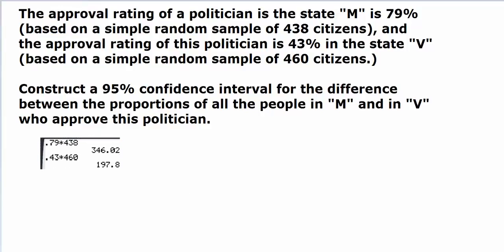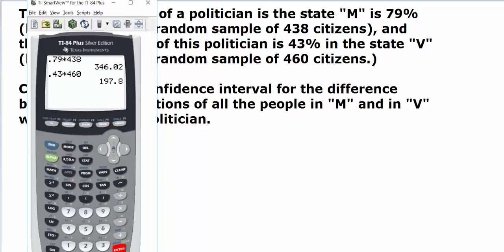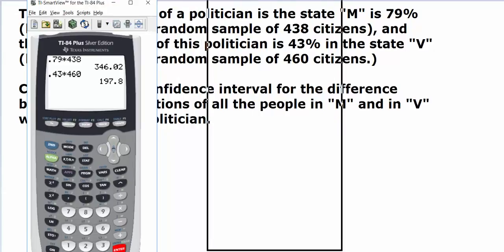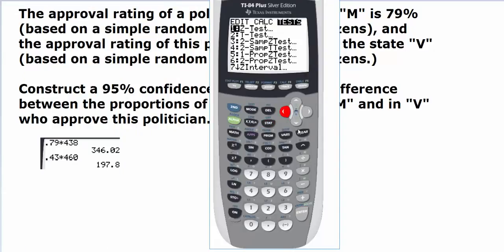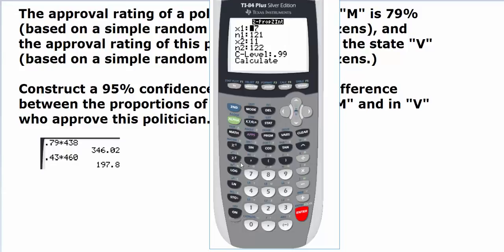Okay, so here we go. We'll go to stat, we will go to proportion z interval. Okay, all right, here we go. So we got 346 in the state M out of how many? Out of 438.